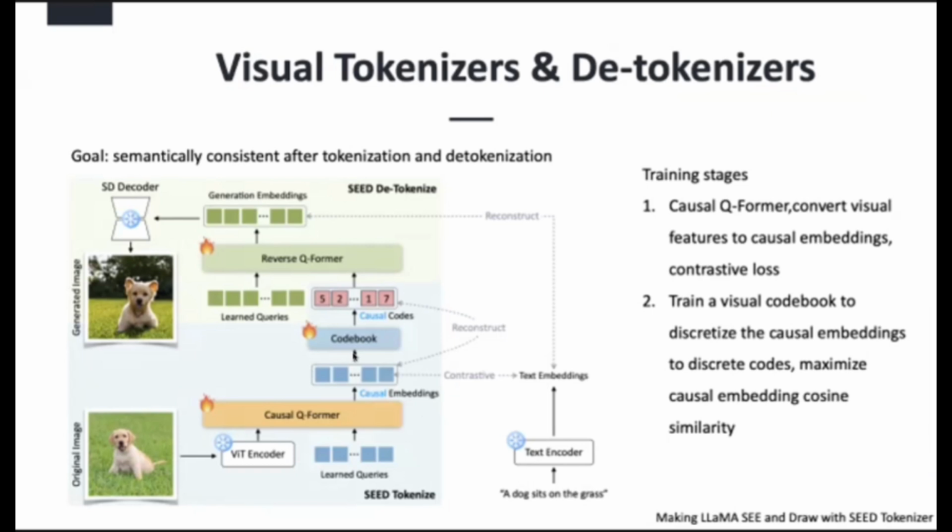The training loss is to maximize the cosine similarity of the causal embeddings. The causal embeddings are learned in a causal manner during training. In detail, the query embeddings can interact with only previous queries through self-attention layers with a causal mask.